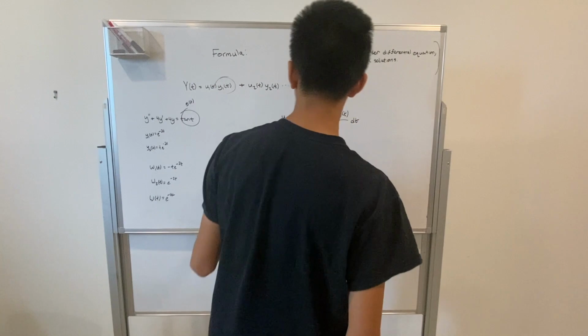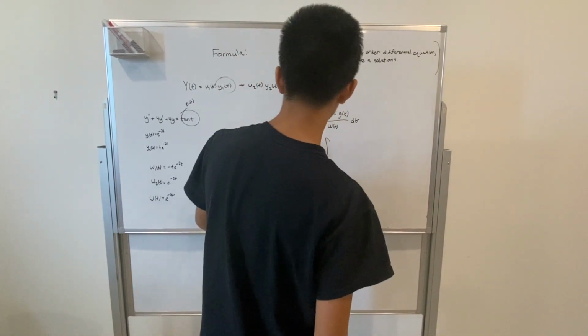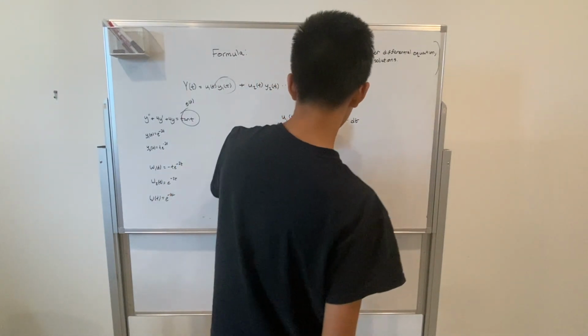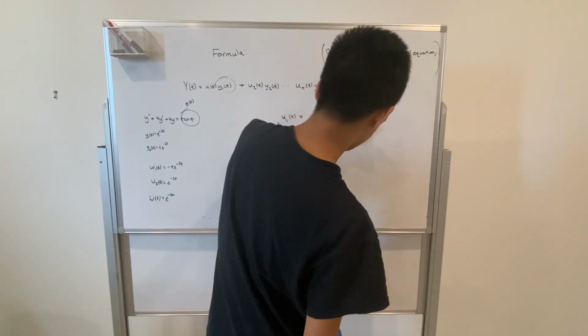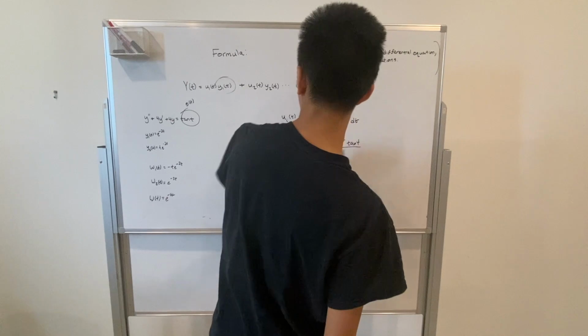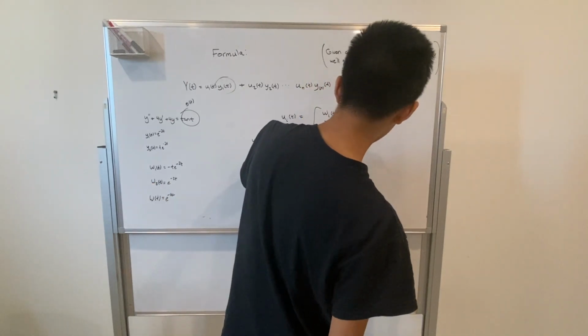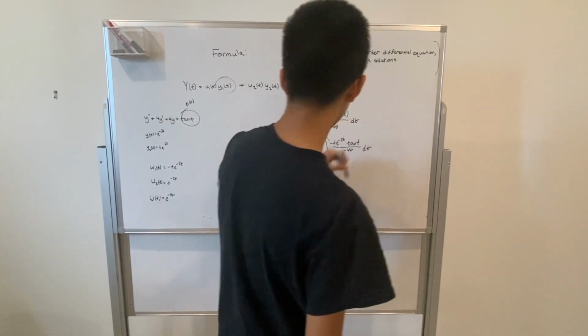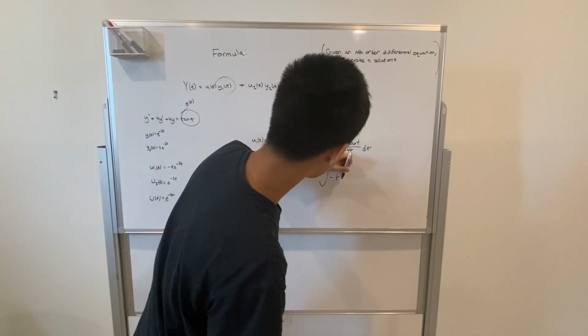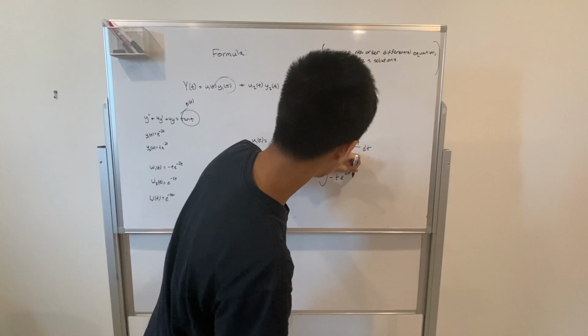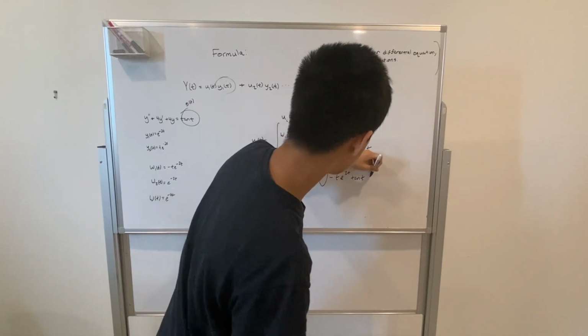So that's equal to the integral of negative 2 e to the negative 2t times tangent of t over e to the negative 4t dt. That's equal to the integral of negative t e to the 2t tangent of t dt.